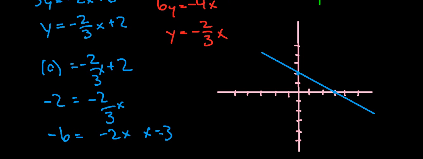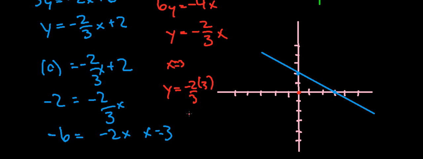Now for our second line, our y-intercept is 0, and our x-intercept is also 0, so I have to do a different point. Let me pick x is equal to 3. So I put in 3 for x, so y is equal to minus 2/3 times 3.